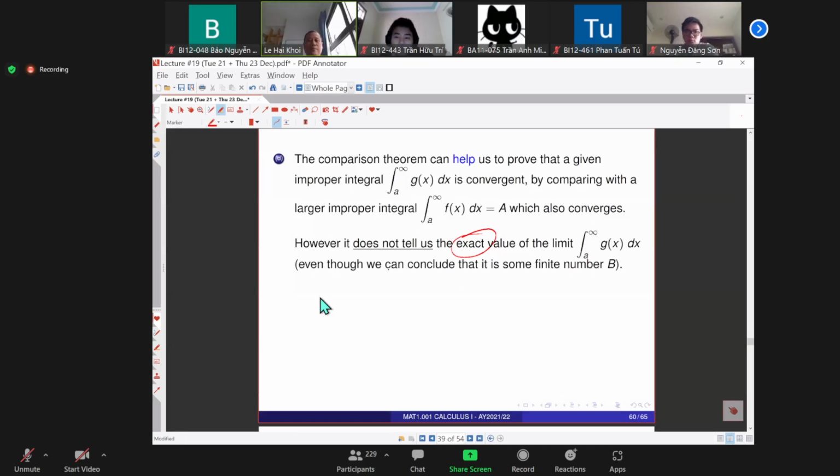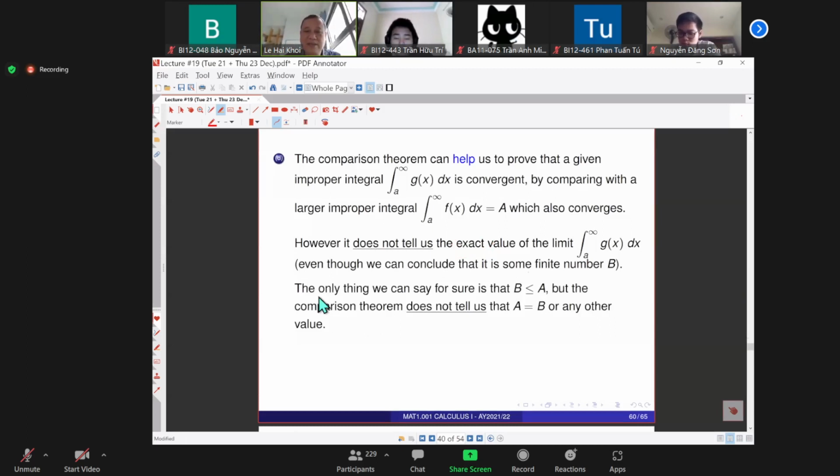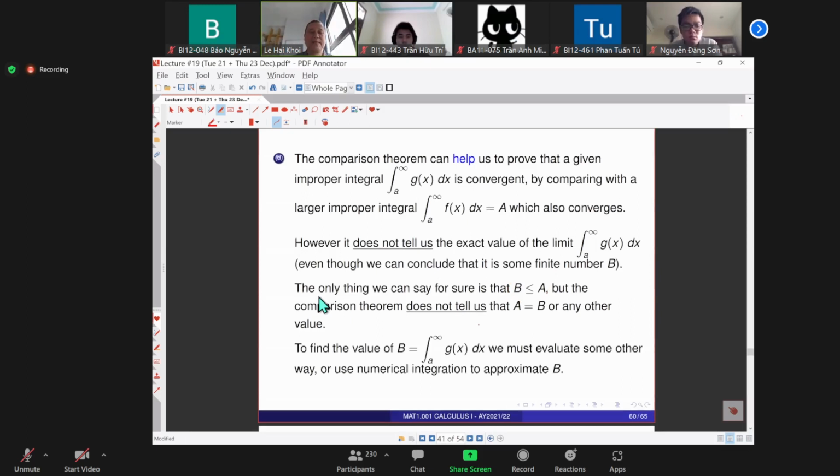So, the only thing we can say is that you have the value less than or equal, or bigger than or equal. But equal or not, we don't know. So that's only comparison. Okay? And for computing to find the integral value, you have to use another method.